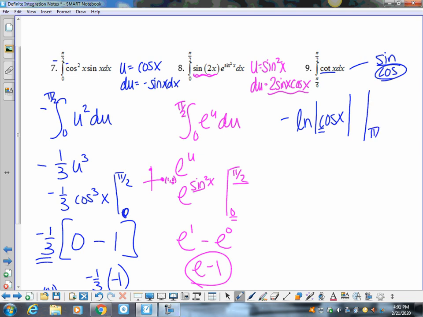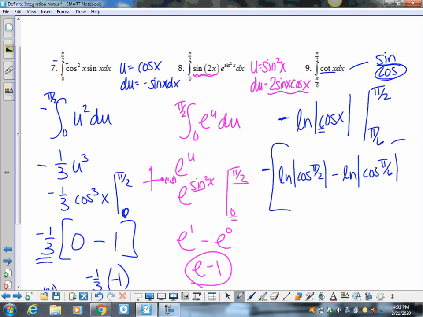And I'm going from pi over 6 to pi over 2. I'm going to leave this negative out and do my ln of cosine of pi over 2 minus ln of cosine of pi over 6. And I could do some of this in my head. I'm just going to write it out.